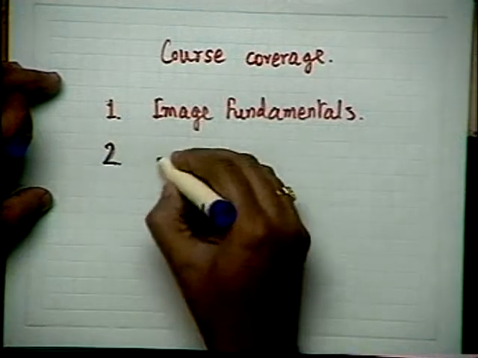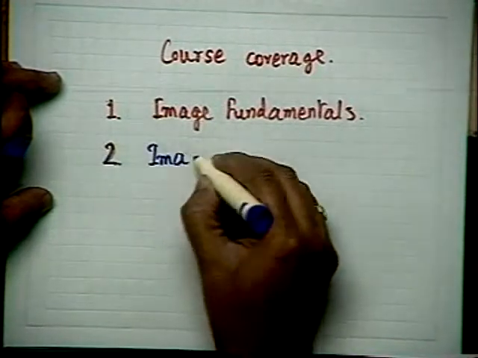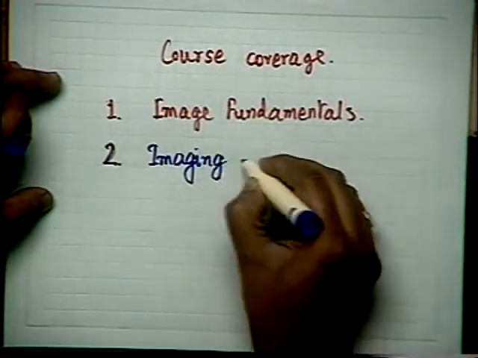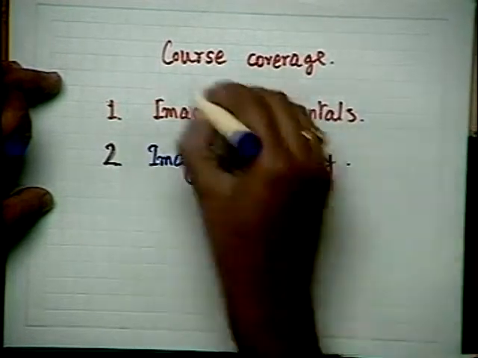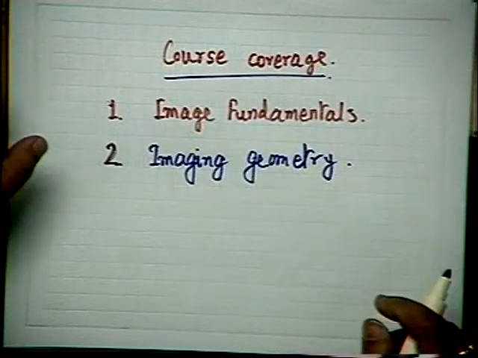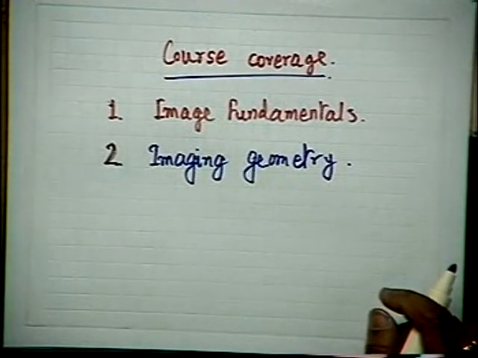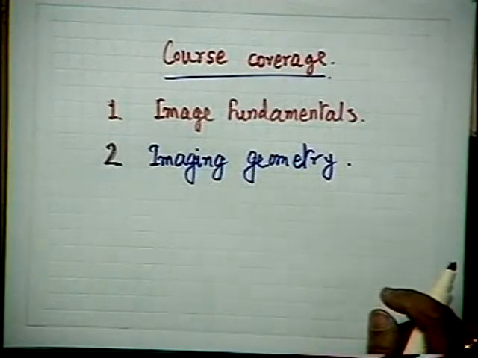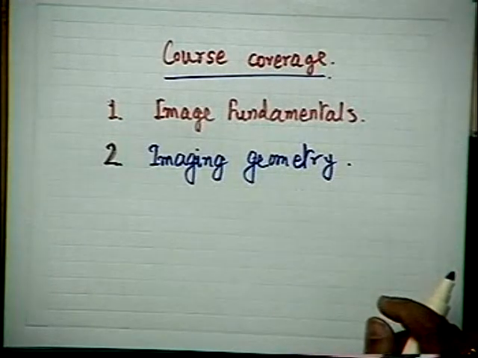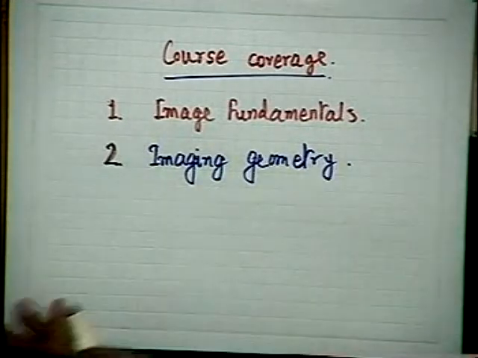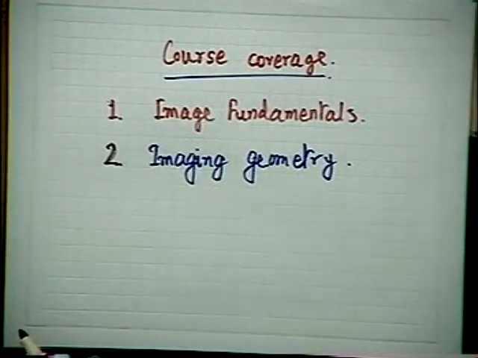So our topic number 2 will be imaging geometry, where we will show how actually images are formed from the physical world into the camera coordinates, the transformations involved in the process, the perspective projection, and the orthographic projections.